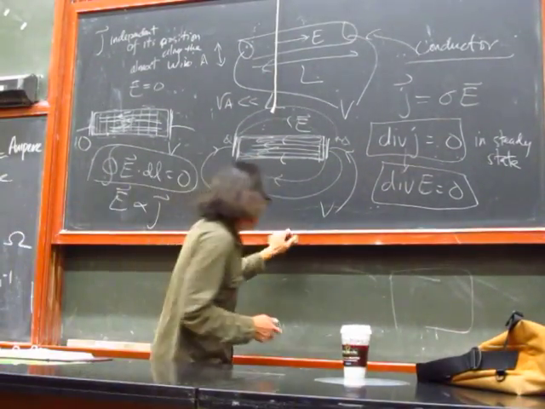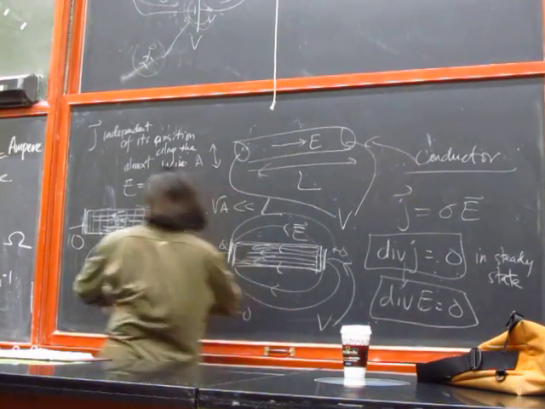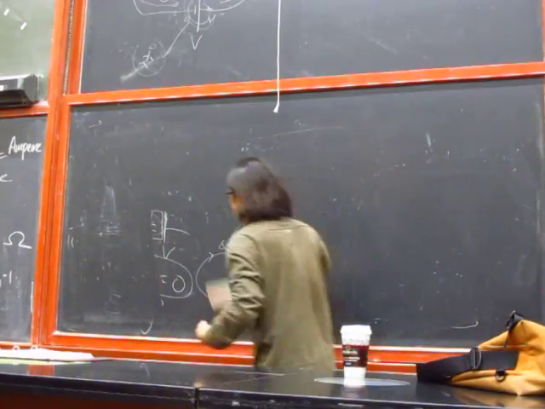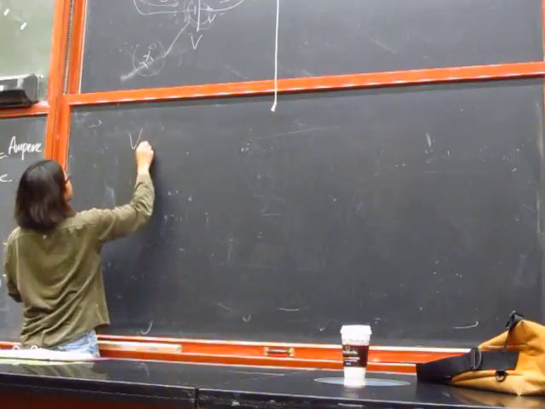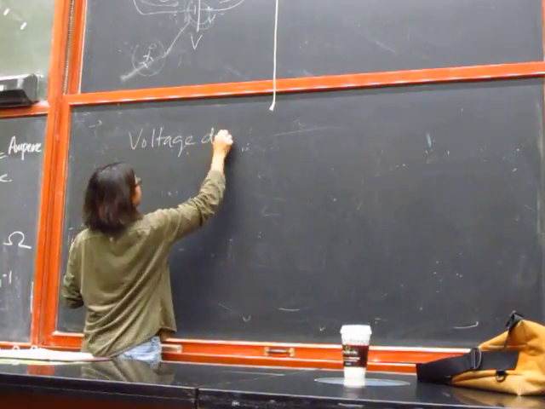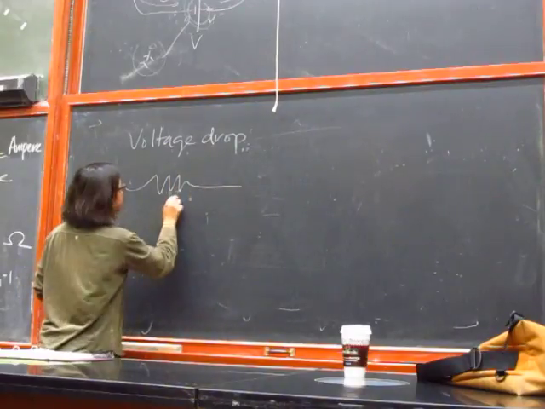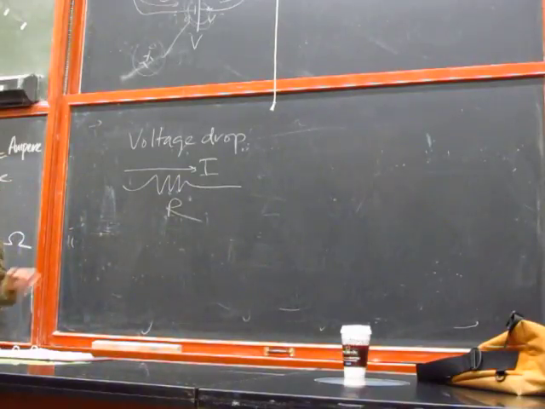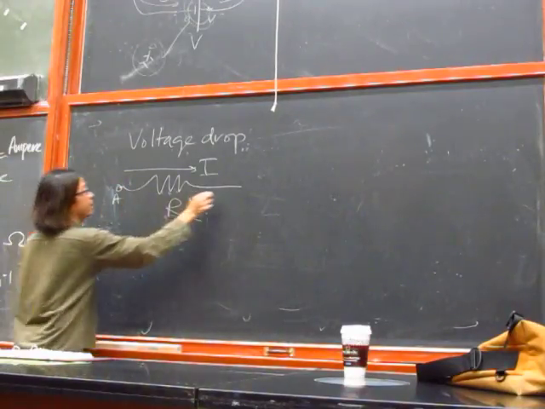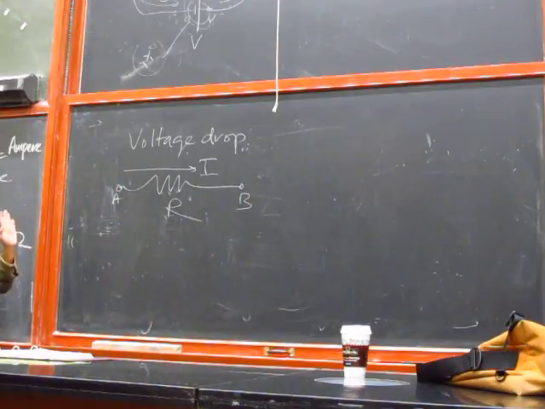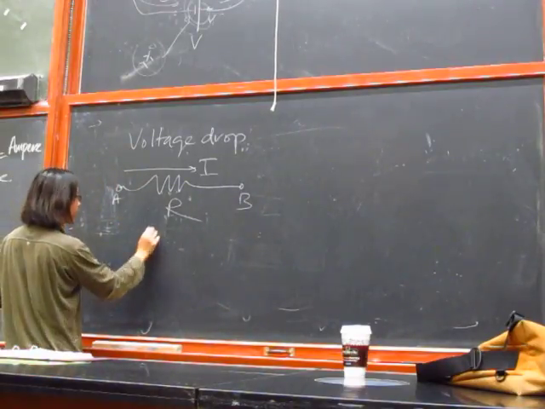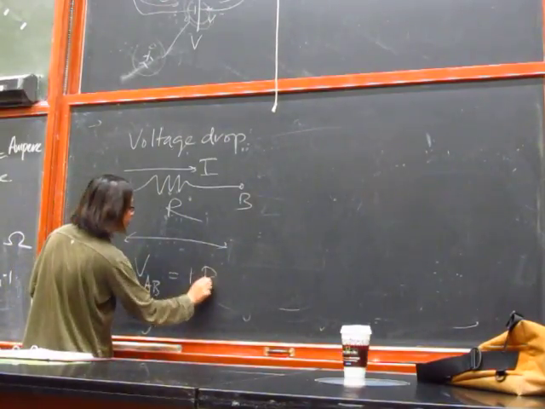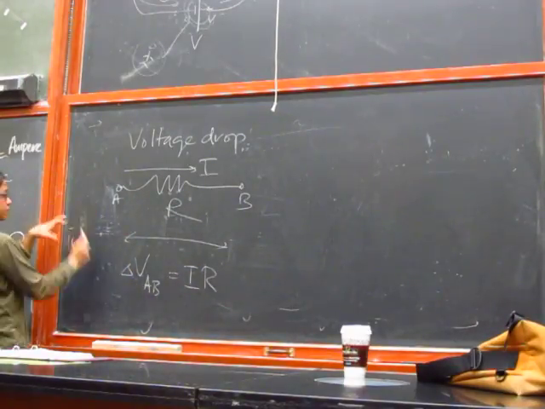An important concept to remember, which can be very useful, is what's called voltage drop. If I have a resistor R and there is a current I flowing through it, let's call this point A and this point B. There is no demon here. Then the voltage drop across it is IR.